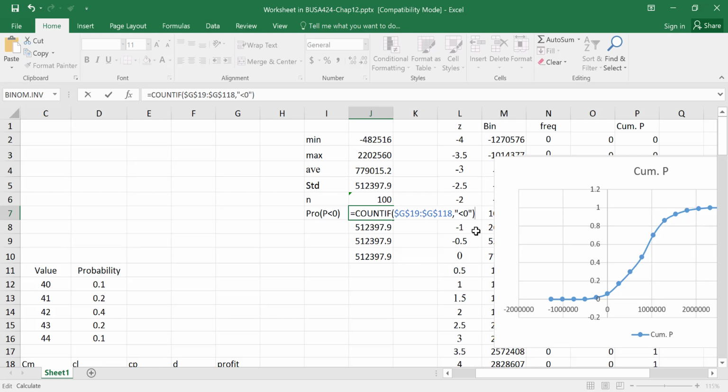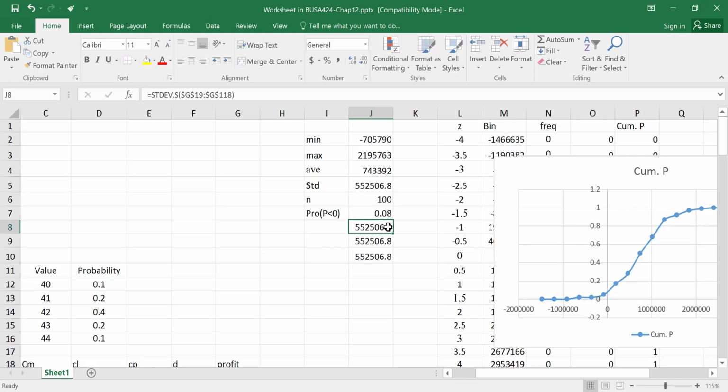So this counts the number of cells whose value is negative, and if we divide it by n, then we get the probability of getting a negative value. So there is an 8% chance that we get a negative value.